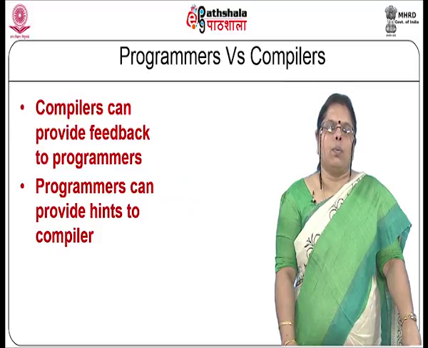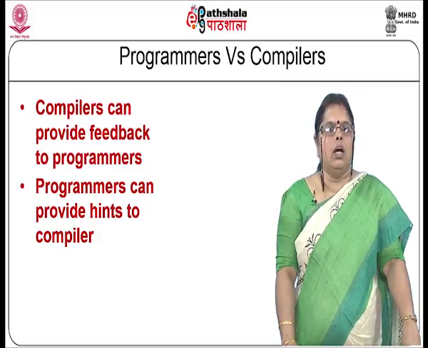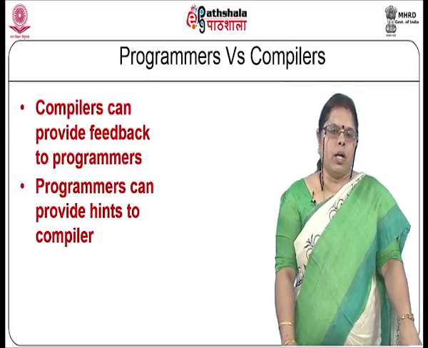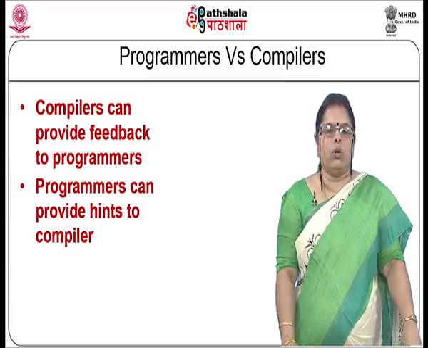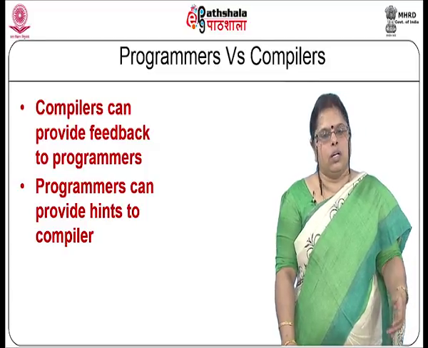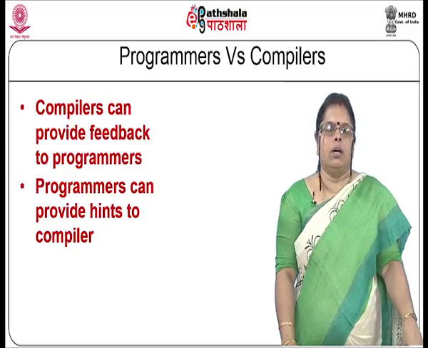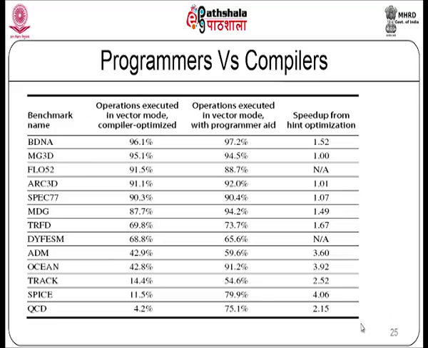If you look at programmers versus compilers, normally compilers can provide feedback to programmers, and programmers can also provide hints to the compiler so that you get better performance. So, this is an example to show, for various benchmark programs, what happens to operations executed in vector mode with compiler optimization, what happens to operations executed in vector mode with the programmer's aid, and how much speedup we have got because of the hints provided by the programmer.